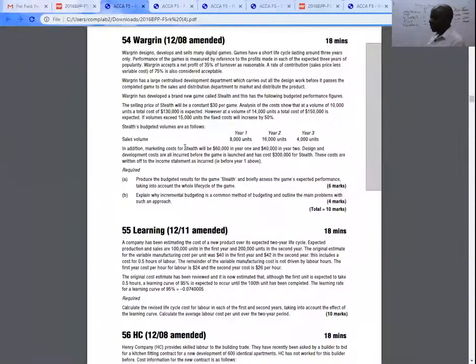Other than this marketing cost, what else do we have? Design and development costs. They are telling us 300,000. These costs are written off to the income statement as incurred, before year one.